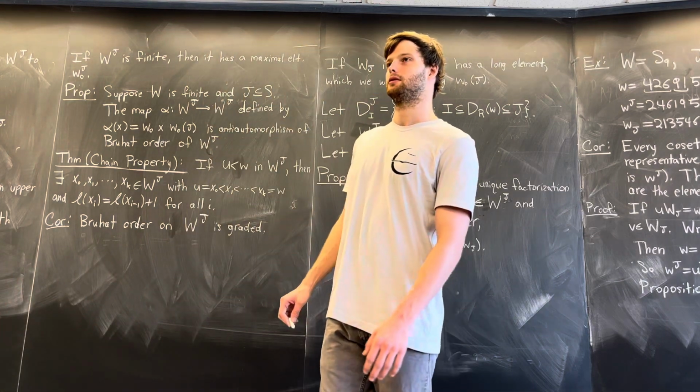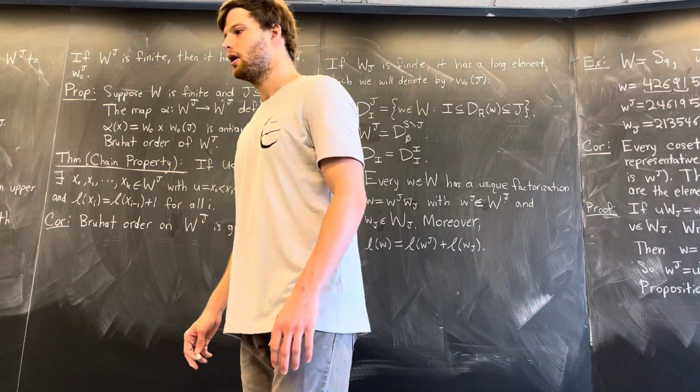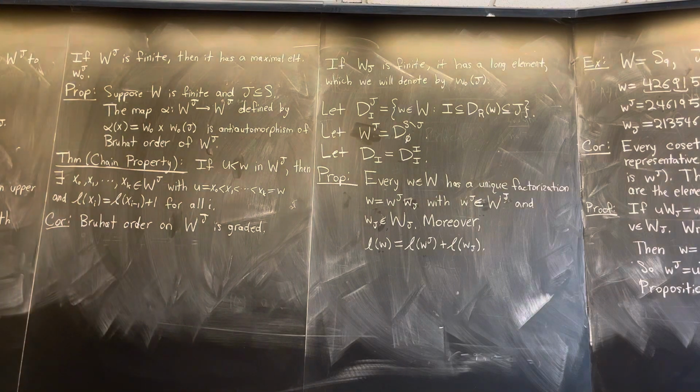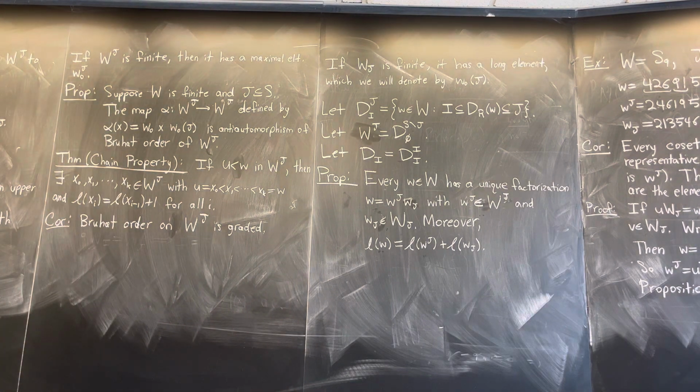Oh, so it's even if WJ is not finite? I think, yeah, even if it's not finite, it should still be graded. Although, I think it doesn't require finiteness. Okay, any questions up to here?